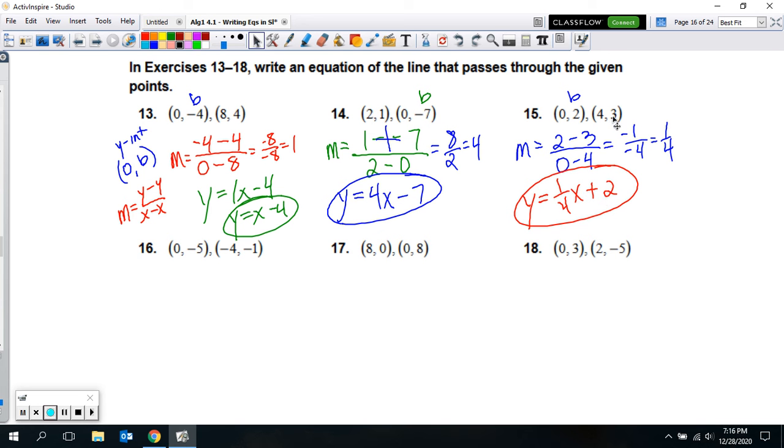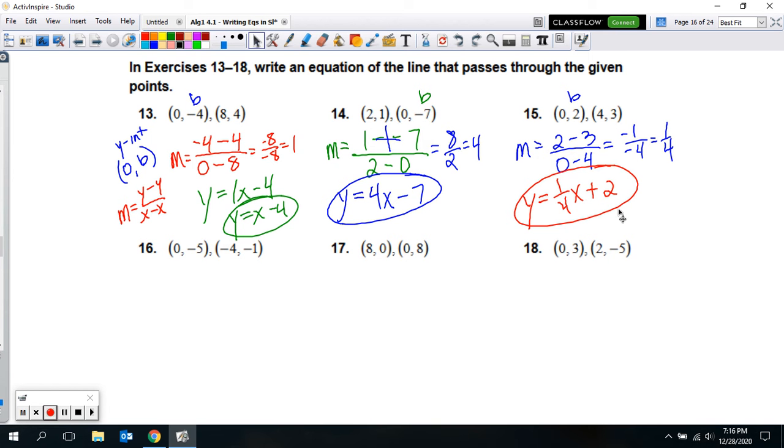And then using one of these points here, doesn't matter which one you use, like if I just used my 4 and 3 right here, x is 4, so I could plug in 4 for x and go 1/4 times 4, and y is 3, put it here. And now the only variable I would have would be the b. And so then I could just solve the equation for b at that point and figure out what the b is.